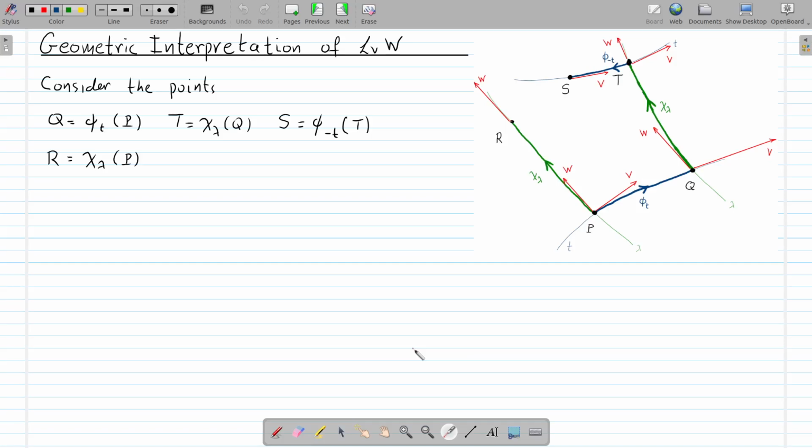So let's go on now with the geometric interpretation of the Lie derivative of w with respect to v.